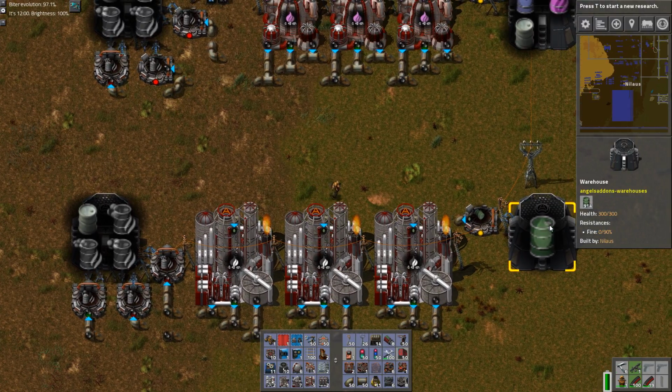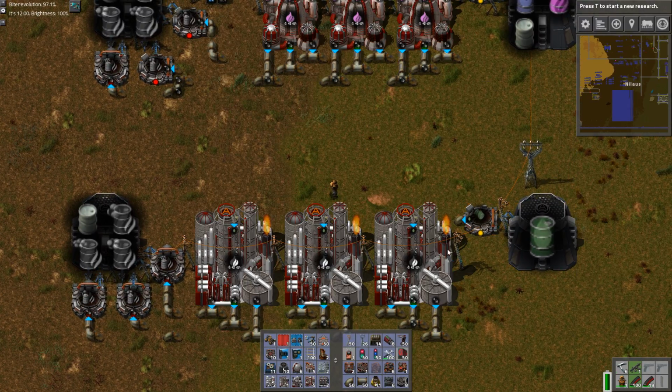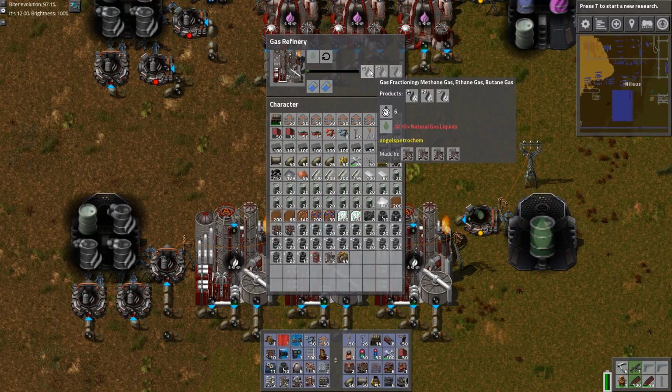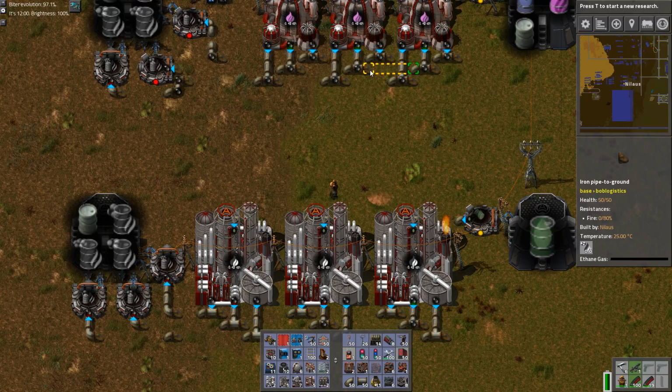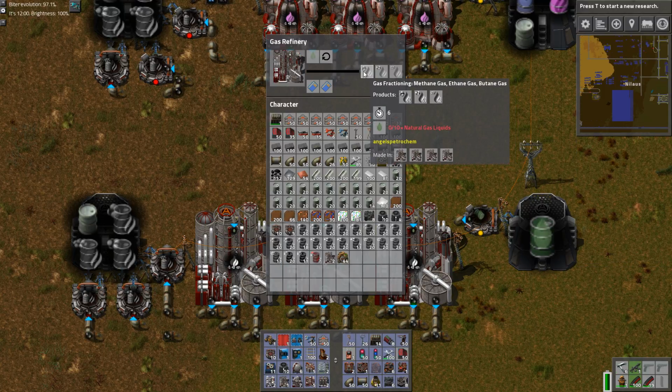So we take all of our natural gas liquids and go into a process that in here is called gas fractioning, but as far as I can recall, it's actually called gas fractionation. It takes the natural gas liquids and fractions it into methane gas, ethane gas, butane gas, propane, and pentane. But in this case, only the first three of them are in.